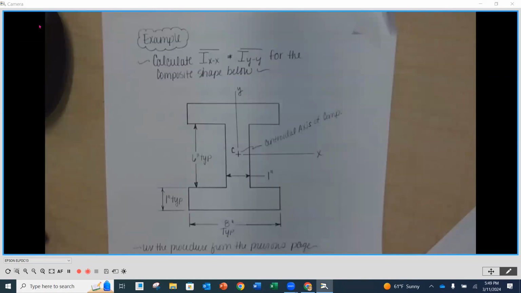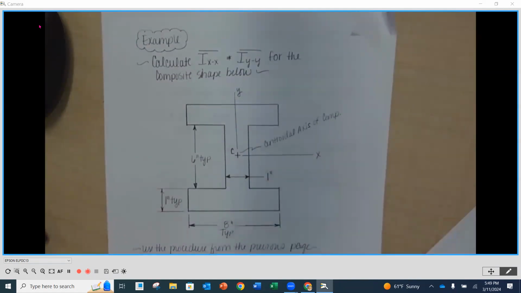Our first example isn't an example out of the book. This is one that I created just to show the process that we're going to go through without terribly complex parts. What we have here is a pretty standard I-beam. It's not really an I-beam, but it's an I-shaped cross section. What we want to do is calculate the moment of inertia about the x-axis and the y-axis.